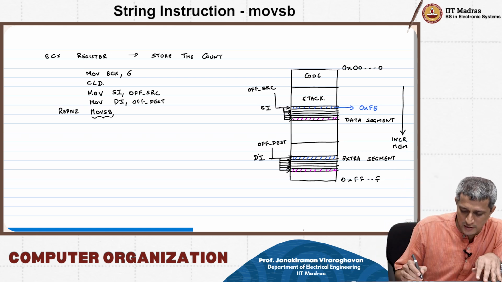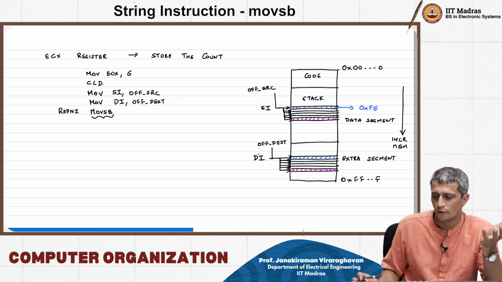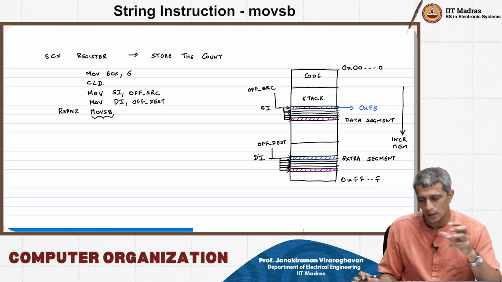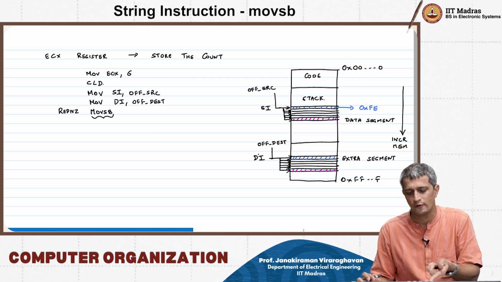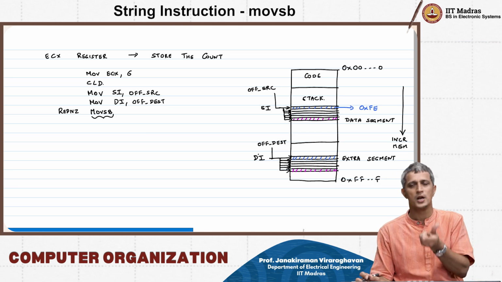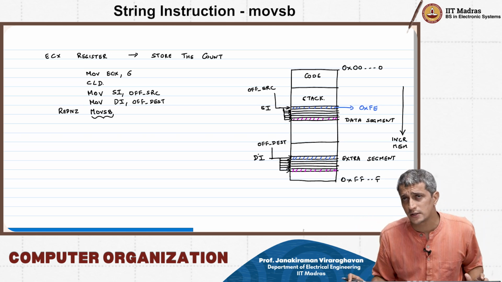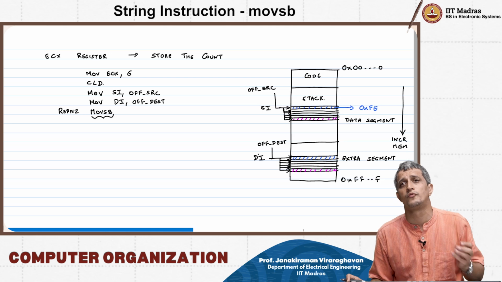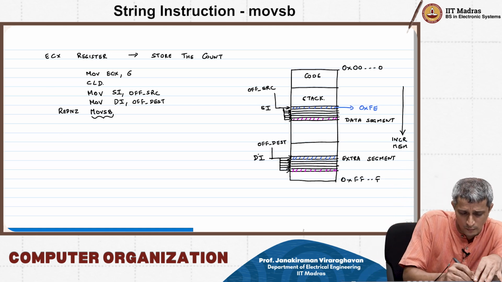So this is the code that is needed to move 6 bytes of information from the data segment to the extra segment. Of course, the offset addresses are given by this OFF underscore SRC and OFF underscore DEST, right? Now, it's obvious that I might not want to only move bytes of information, I might want to move words of information, right?